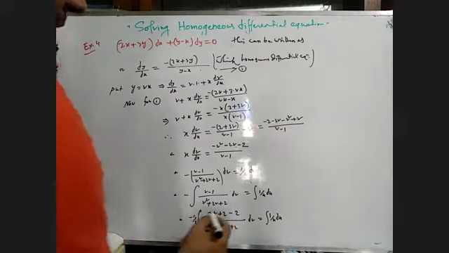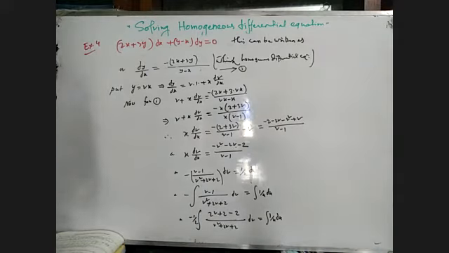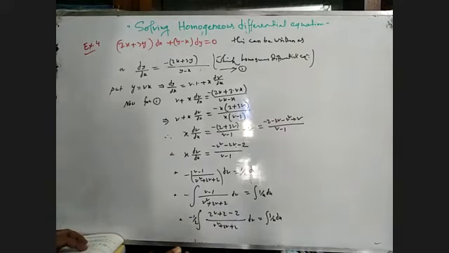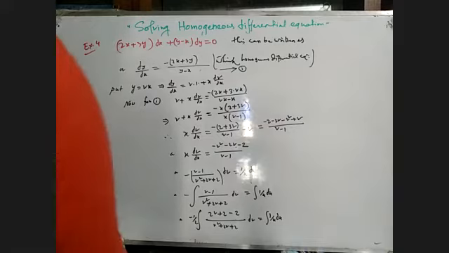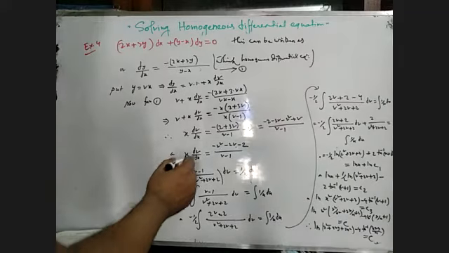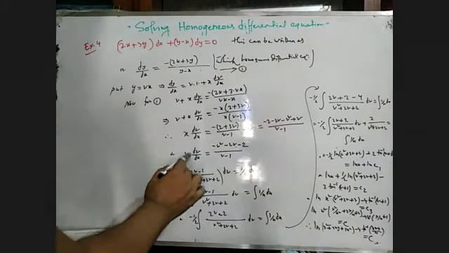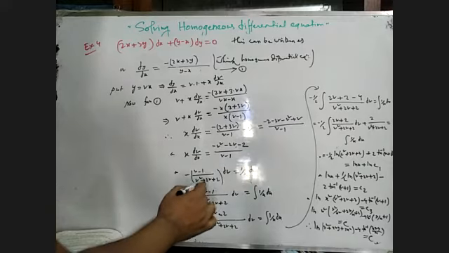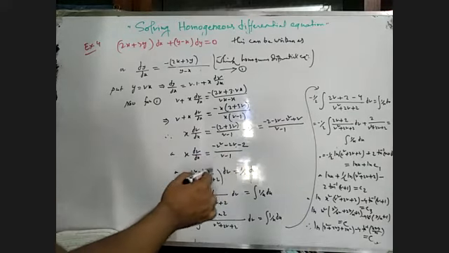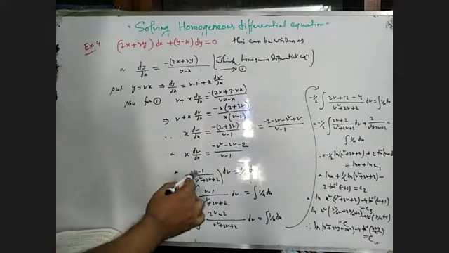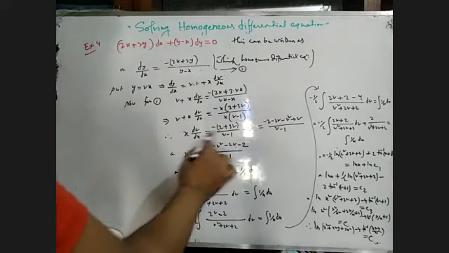Just separating the variables here, x db/dx equals minus b square minus 2b minus 2. So minus will be common, we get b square plus 2b plus 2. Separating the variables, we can write db into the denominator, and this will be the numerator, so b minus 1, and after cross multiplication we get this.